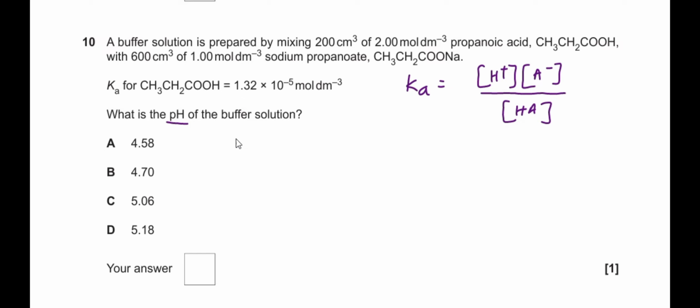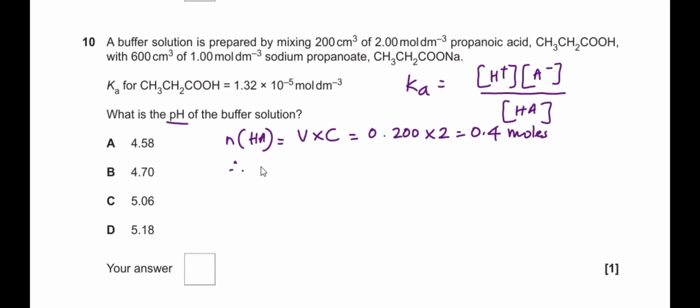So starting from propanoic acid, let's write n of HA is equal to its volume, that is 200 cubic centimeters, times the concentration, which is, let's write in dm cubed, 0.200 times 2, which is equal to 0.4 moles.